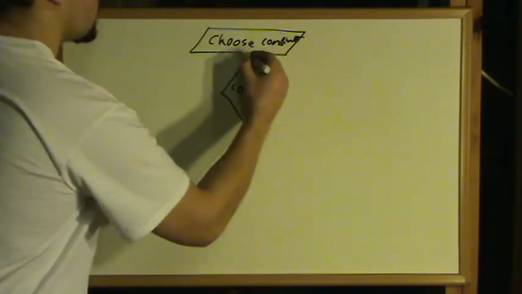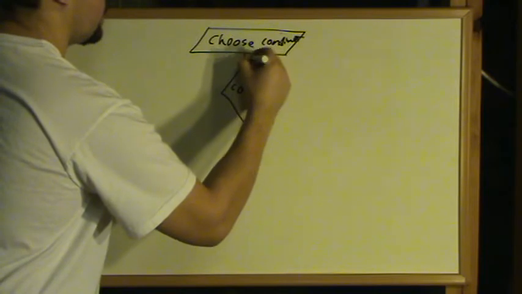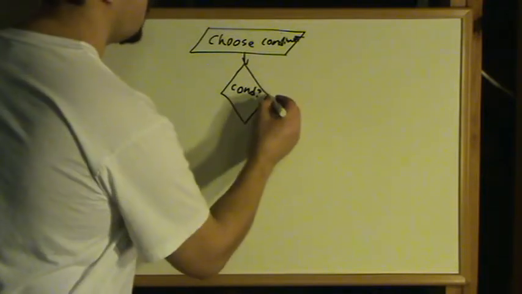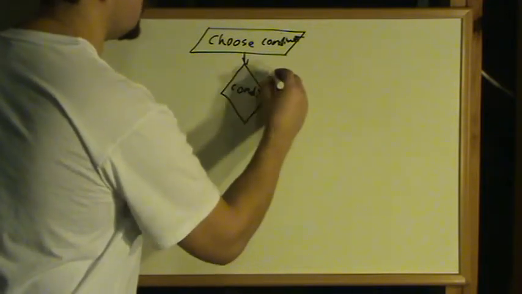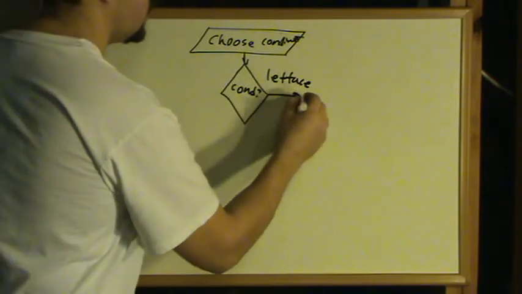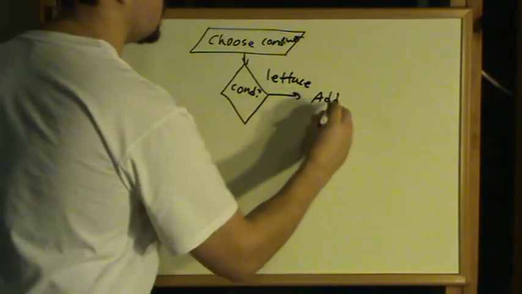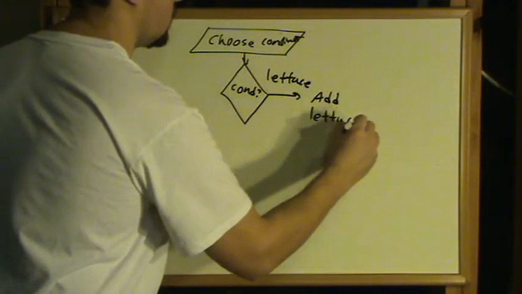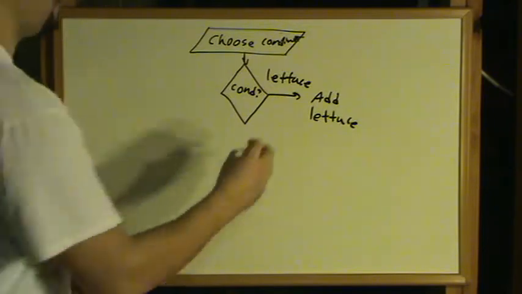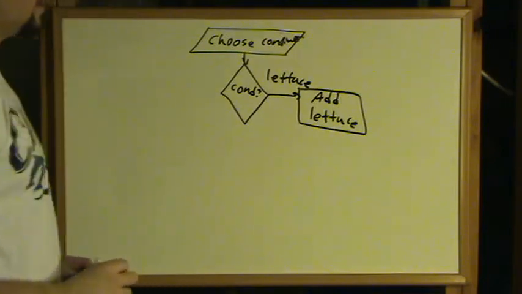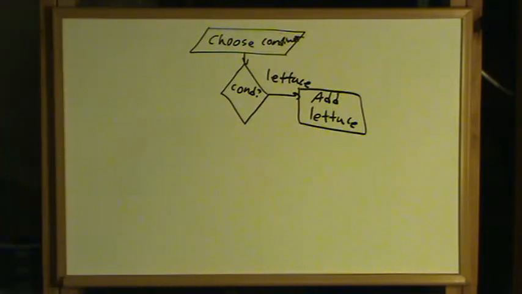So the first time that we go through this, the sandwich maker asks, what condiments would you like? And the first choice they make is lettuce. So what do we do? We add lettuce. And what happens after we add lettuce?